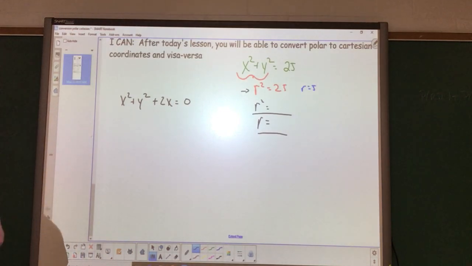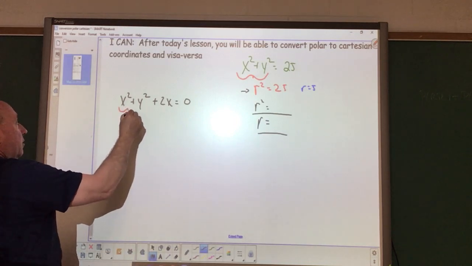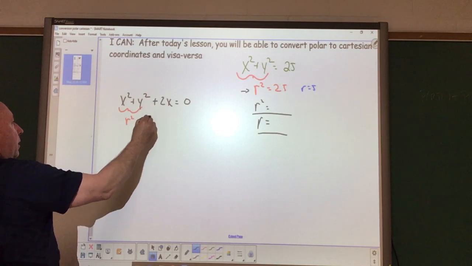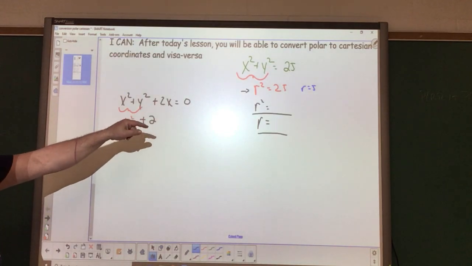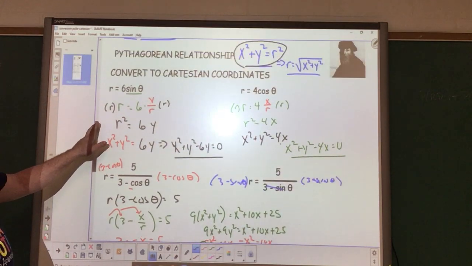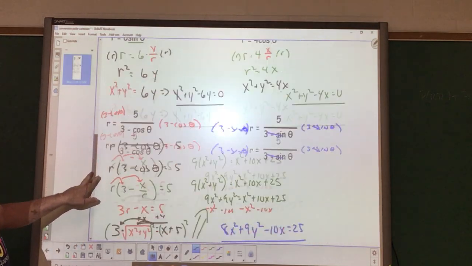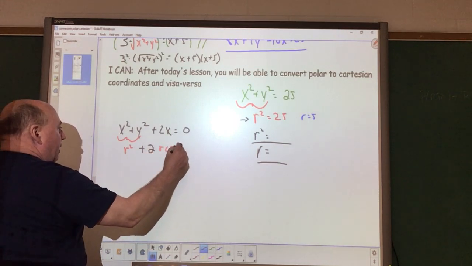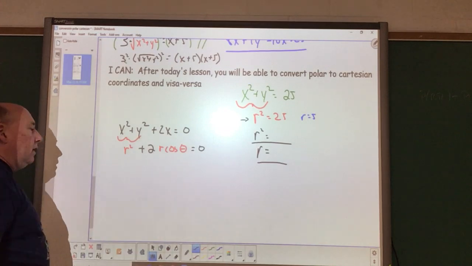We take a look at this problem very quickly. Once again, the x squared plus y squared gives us r squared. But for the x, we don't have anything that we can deal with, so x is equal to r cosine of theta. So we have 2 times r cosine of theta is equal to 0.